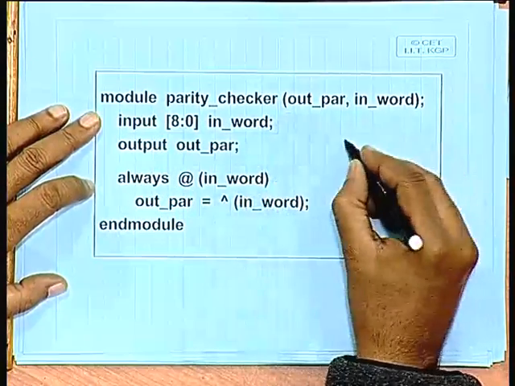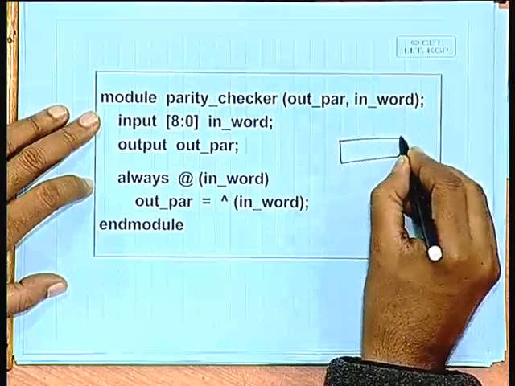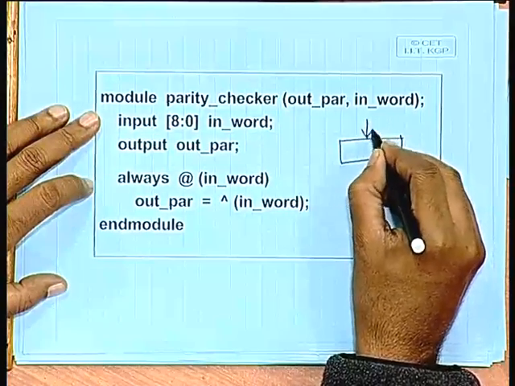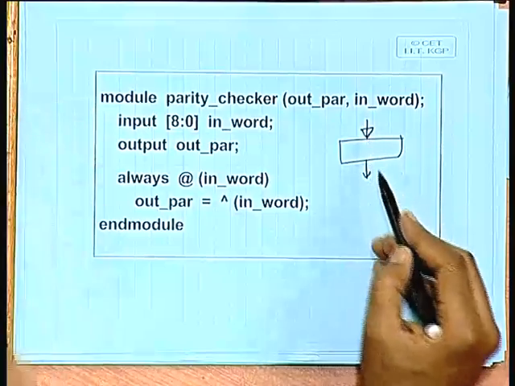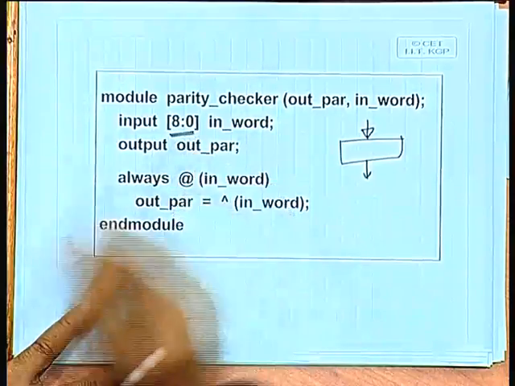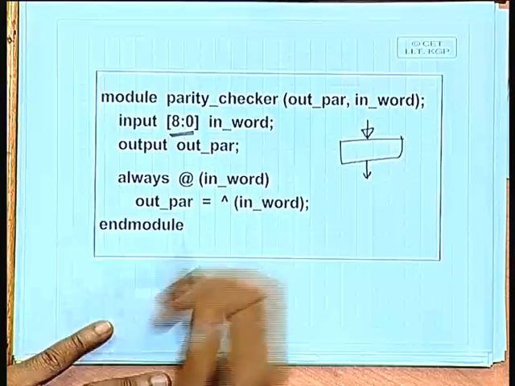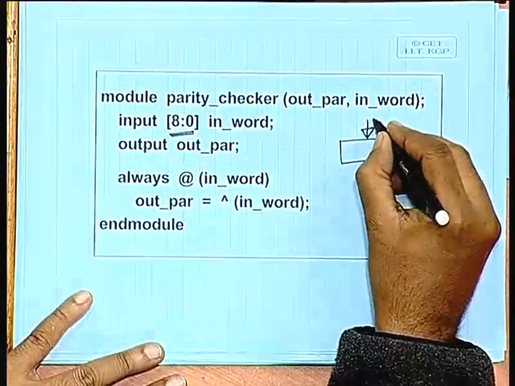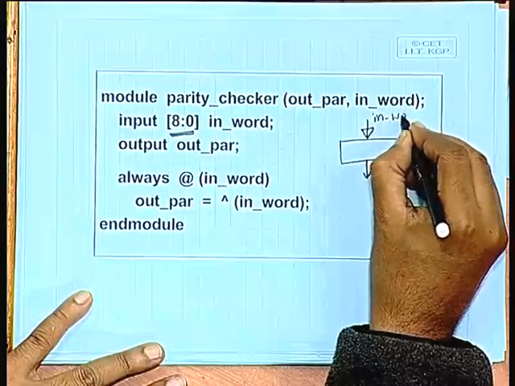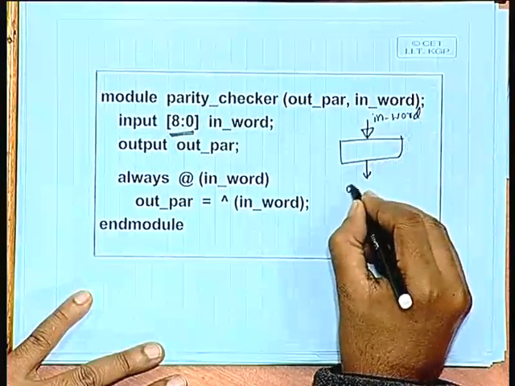The input will be a vector and the output will be a single bit. The input to that circuit is the concatenation of the sum and the carry, so it will be a 9-bit quantity. This is the input and this is the output parity.